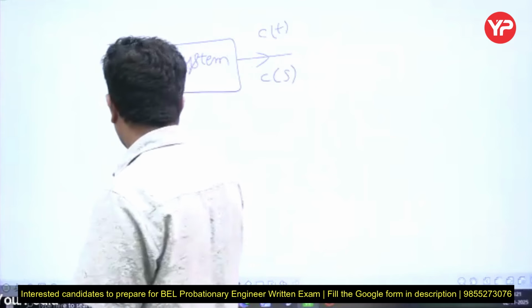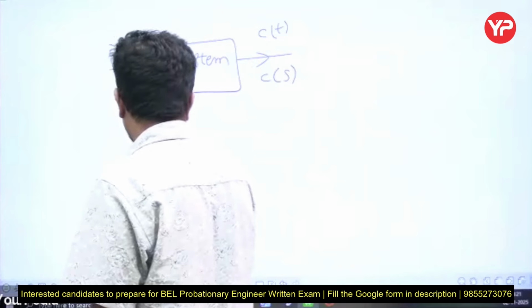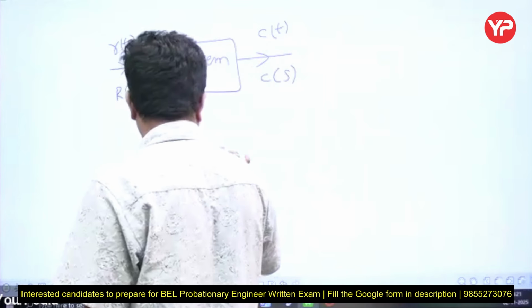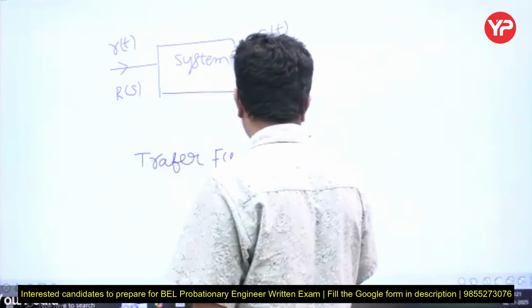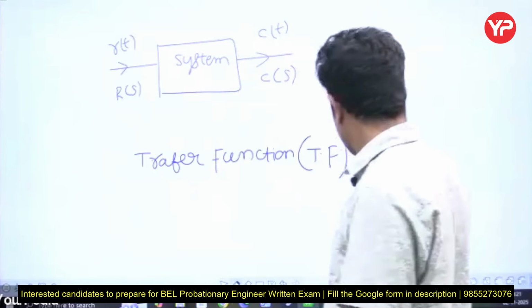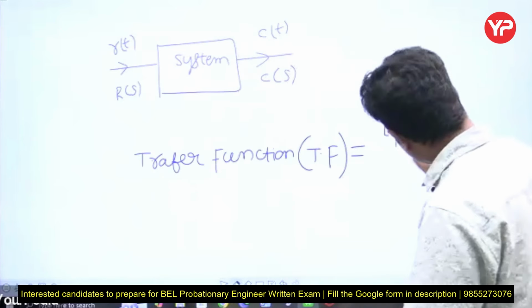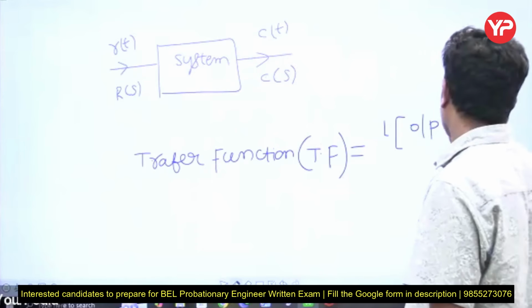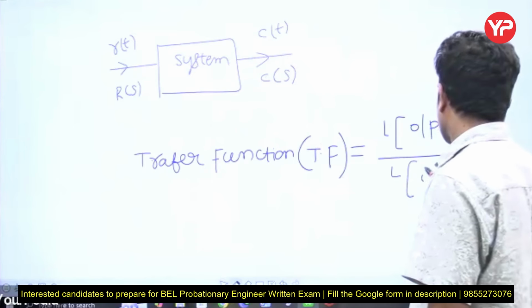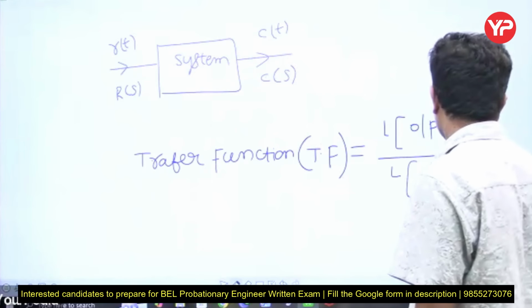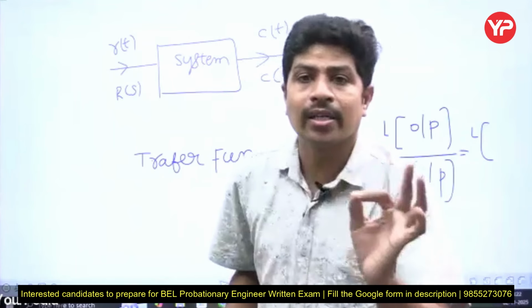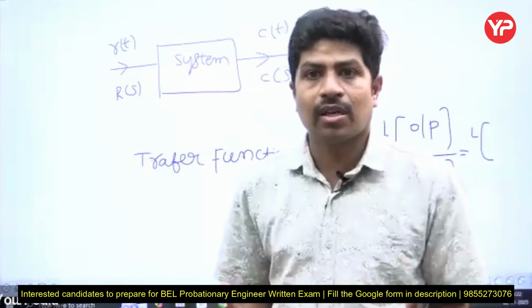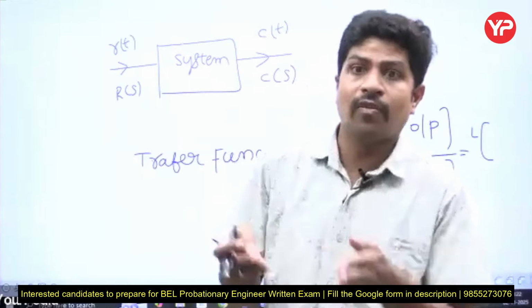Then transfer function. As it's the first time, I'll write completely. After that, T.F. Transfer function, simply T.F., is equal to the Laplace transform of the output by the Laplace transform of the input. Output means always must be in time domain. If it is C of s, we must call it the Laplace transform of output.